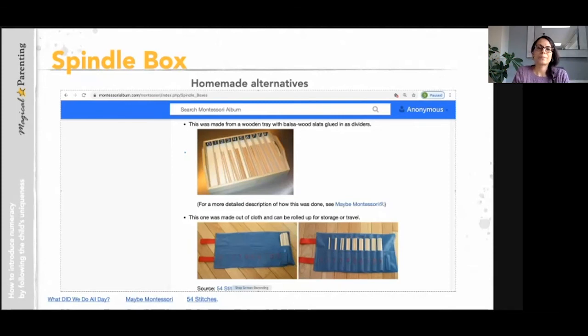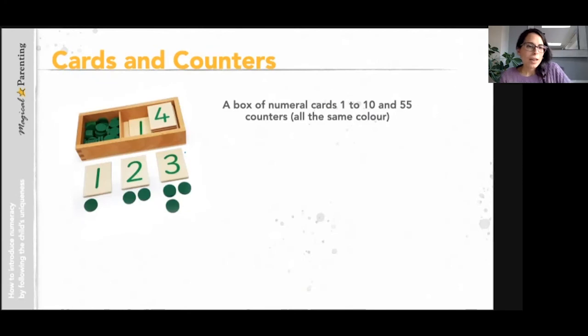Yes, thank you. So the last activity I'm going to show now, because our aim with this course is introducing children to numeracy from 0 to 10, is the cards and counters. Cards and counters is a box of cards from 1 to 10, and then there are 55 counters, normally the same color or the same type.